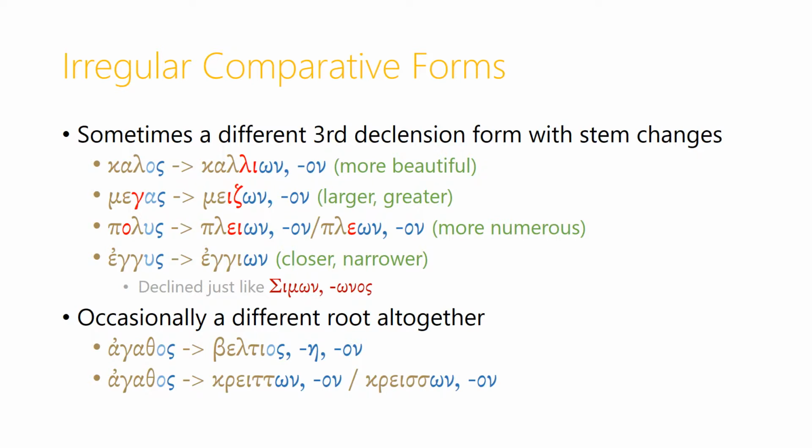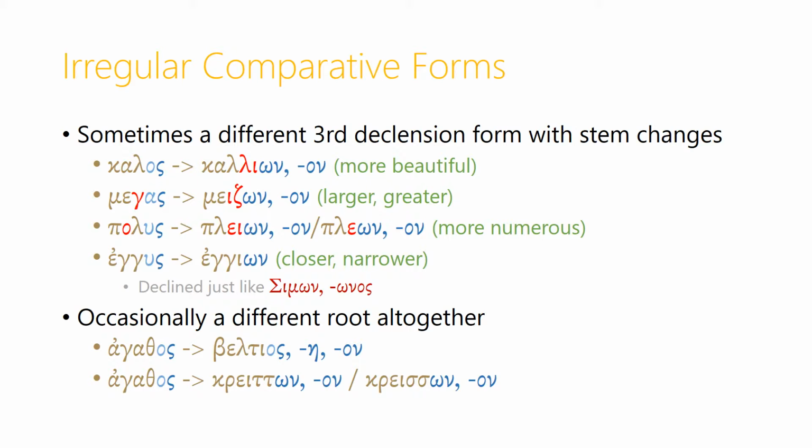Sometimes an adjective that regularly takes first or second declension endings, like kalos, will take third declension endings in its comparative form. So kalos, in the comparison, becomes kalion, more beautiful. And in these third declension forms, the masculine and feminine forms are the same, and kalion is that masculine or feminine form, and just the neuter form is slightly different, kalion.